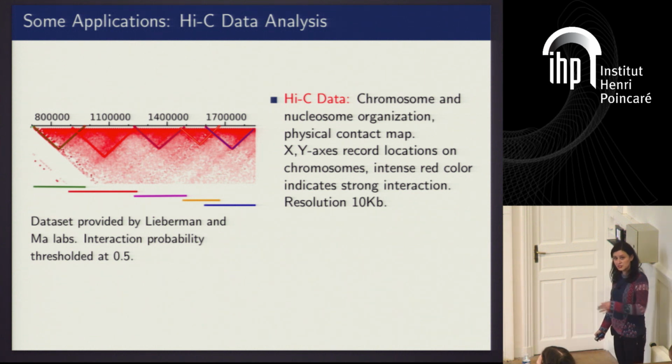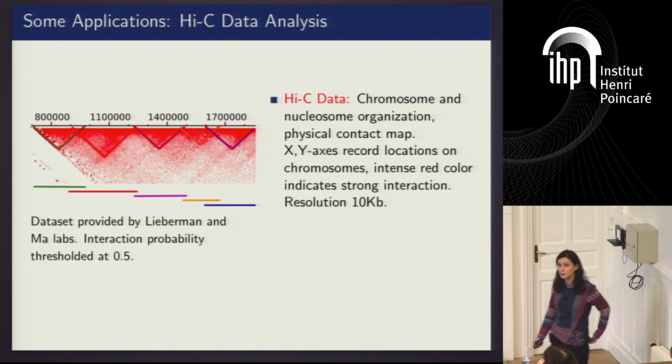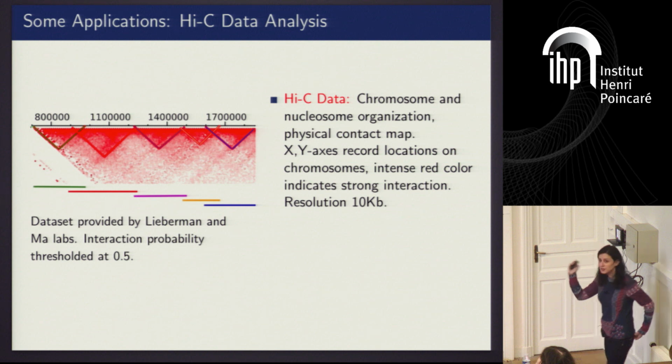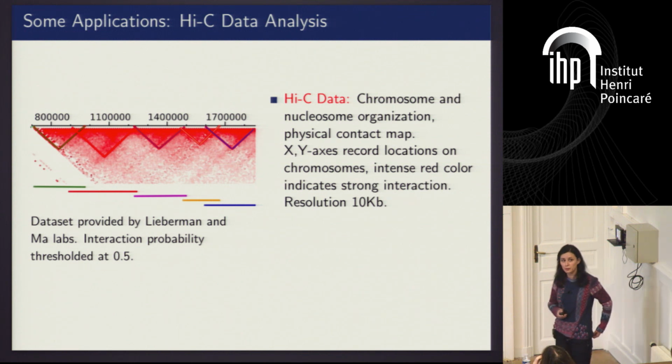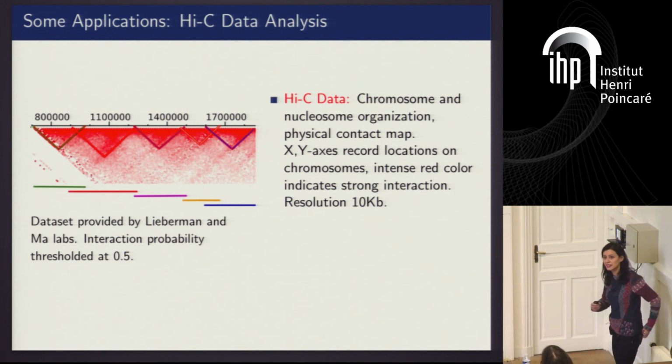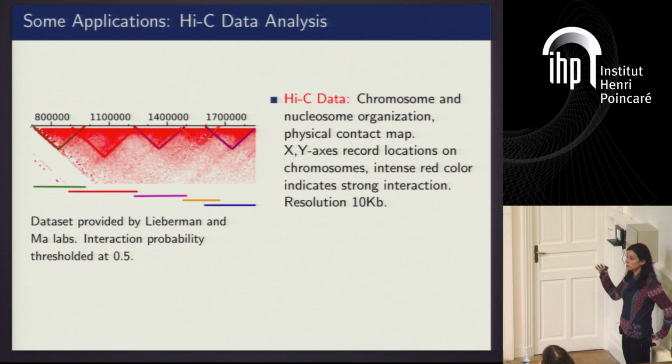Just to show you that this is actually a pretty useful concept, nothing to worry about in biology right now, but it's something we use to find communities of cross-communicating segments of DNA in the process of DNA folding.